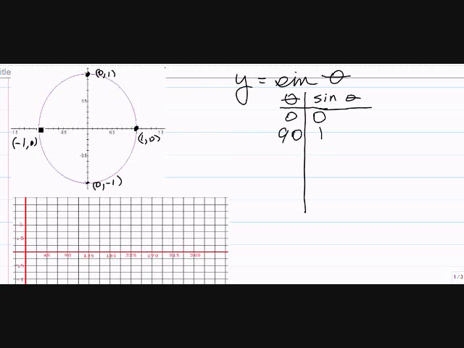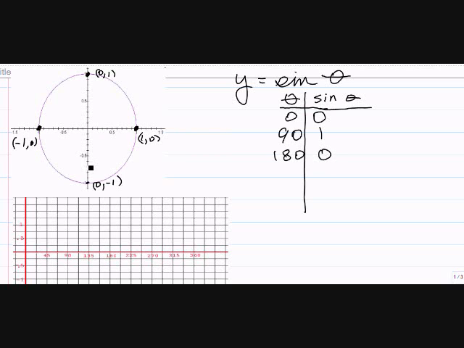Okay? Now let's go over to the point -1, 0. And what angle gets me to -1, 0? 180. And what's the sine of that angle? The y coordinate of that point on the unit circle is the sine. 0.